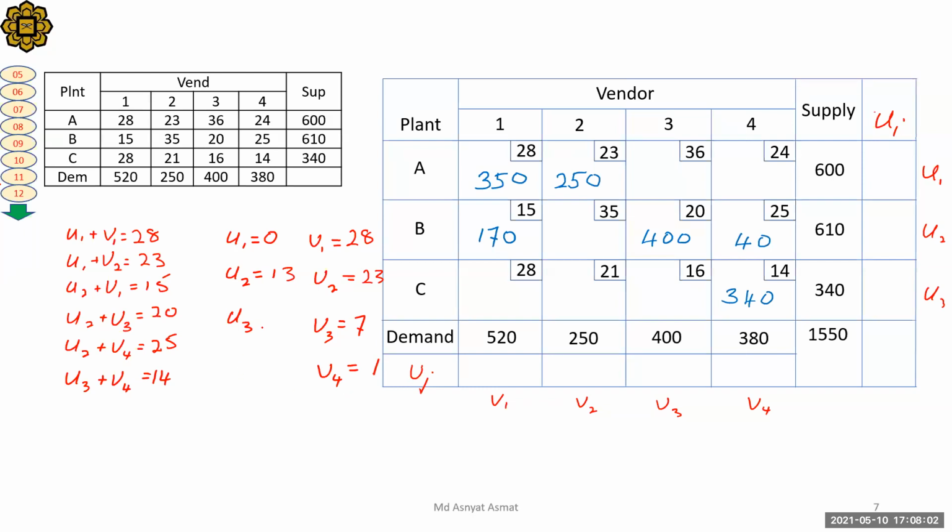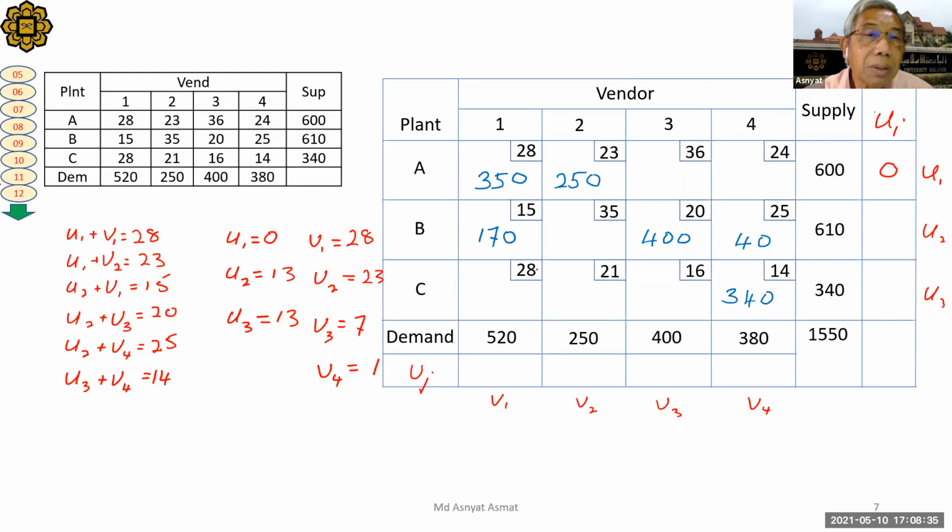Is it correct? Okay. U3, 14 minus V4. 13. Right? Now U1 is 0. U2 is negative 13. I think everything is wrong.